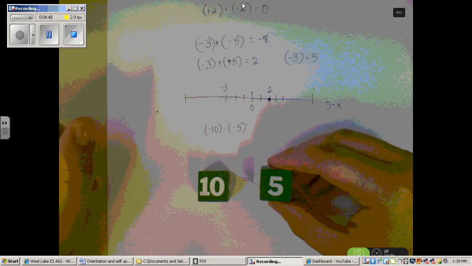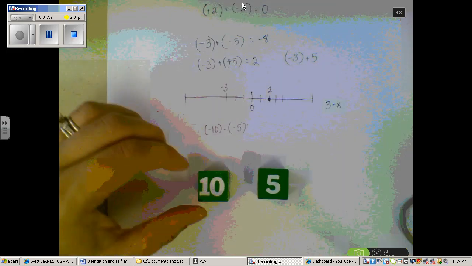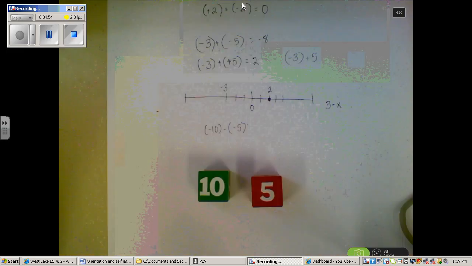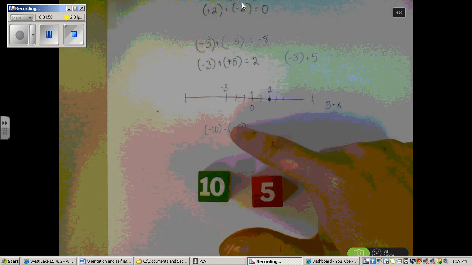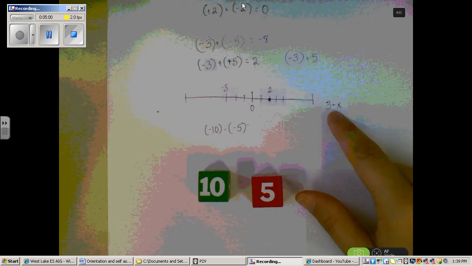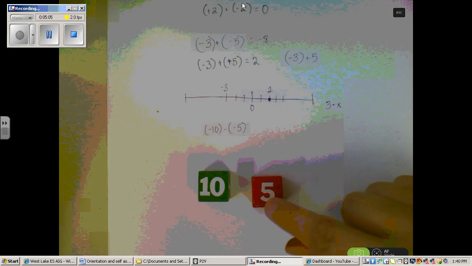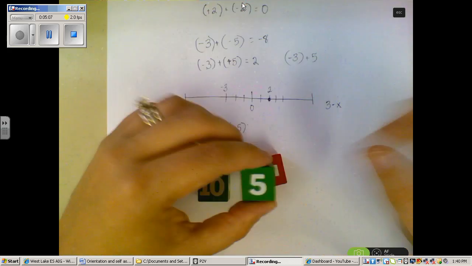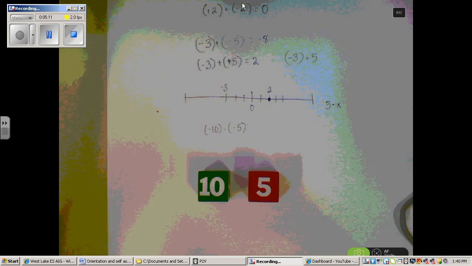Well, I technically have to add a positive 5. In order to take away a negative, I have to add a positive. Just like before, if I had to take away an x, I needed to add its opposite. So I'm going to add negative 5's opposite, which is plus 5.